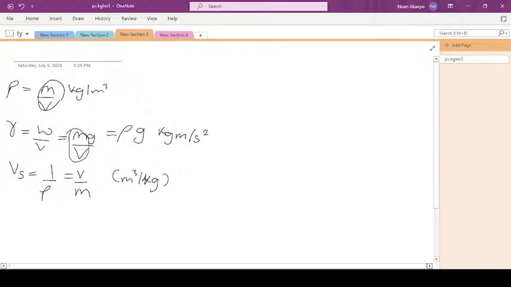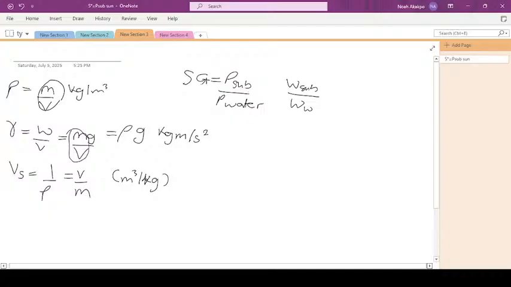Specific gravity is the density of a substance over the density of water, or the weight of a substance with respect to the weight of water. So it goes either way.